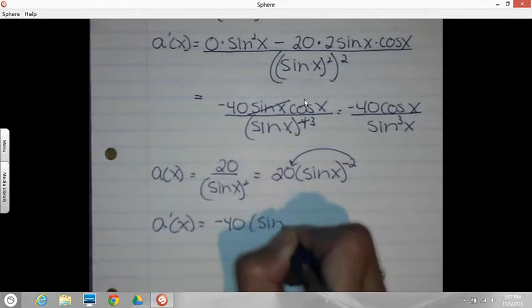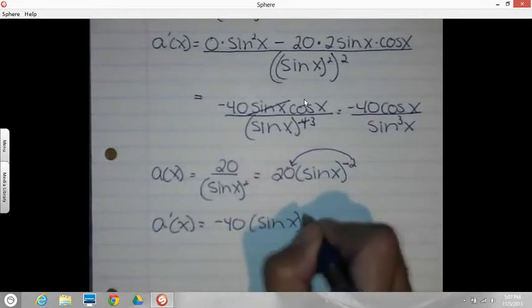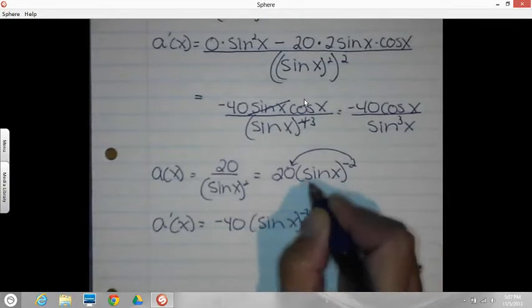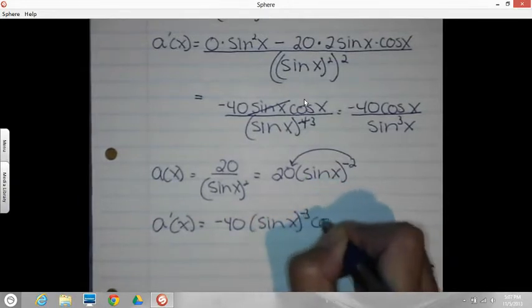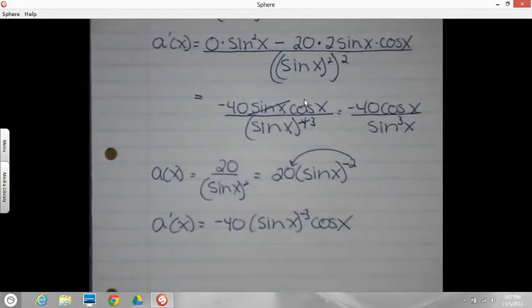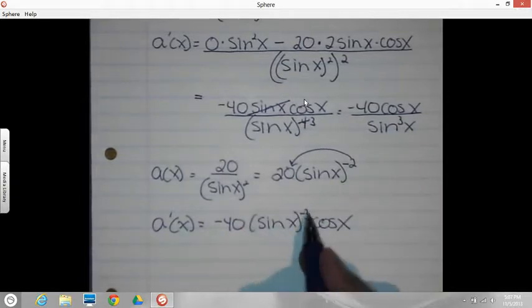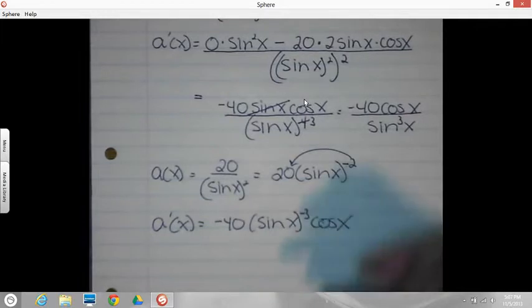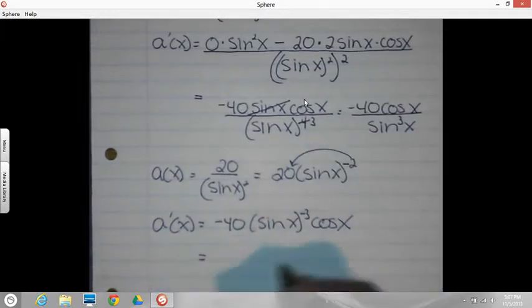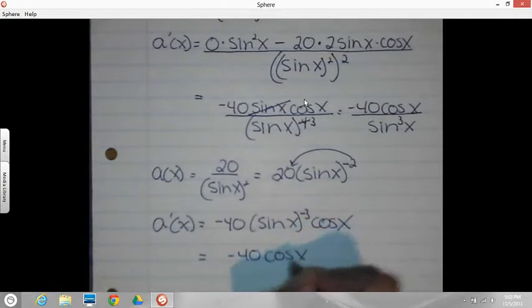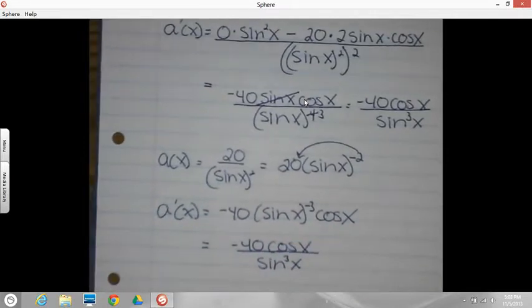Sine x to the 1 less power, that's going to give me negative 3, times the inside derivative is cosine. And all I have to do to make this one look like this one is make this exponent happy. So if it's unhappy up in the numerator, put it down in the bottom and make it happy. Negative 40 cosine x all over sine cubed x. Now they're identical.